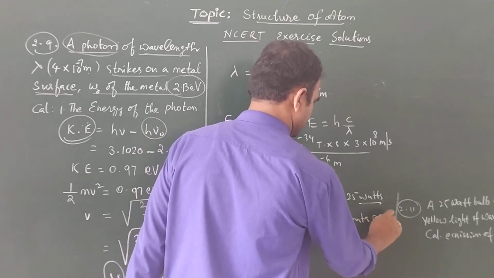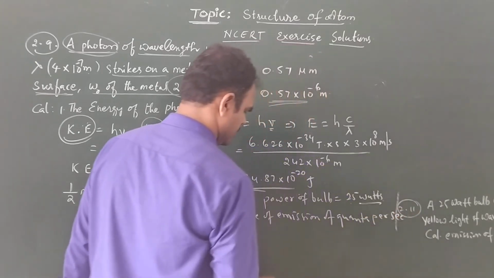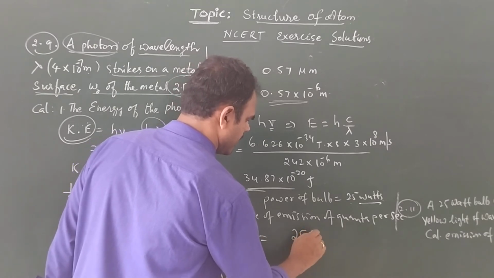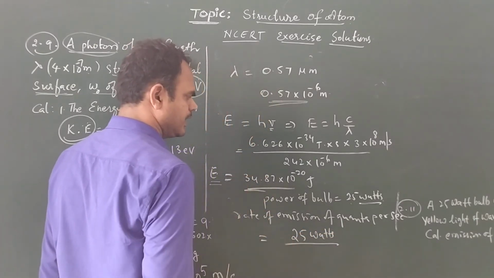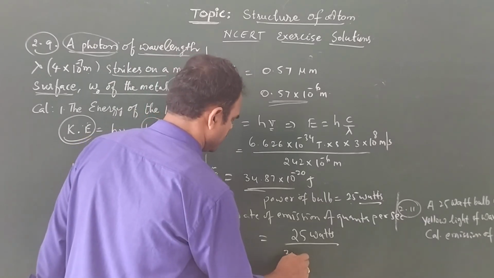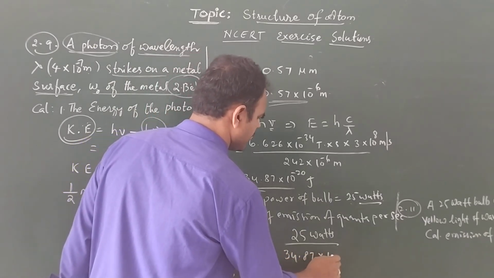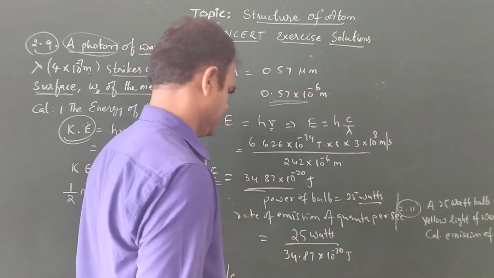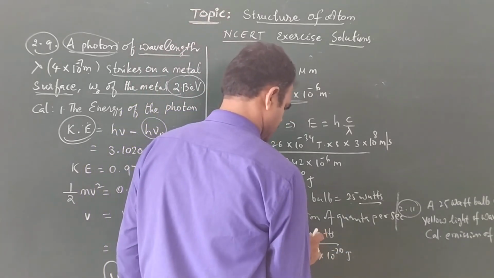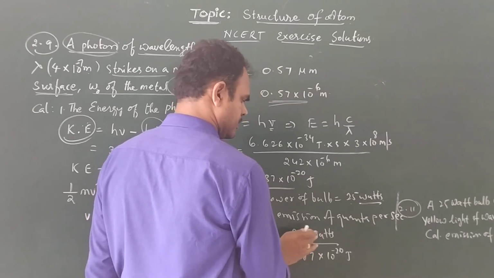Per second, you must do 25 watts upon the calculated energy, 34.87 into 10 to the power of minus 20 joules. Here the 25 is joules per second.